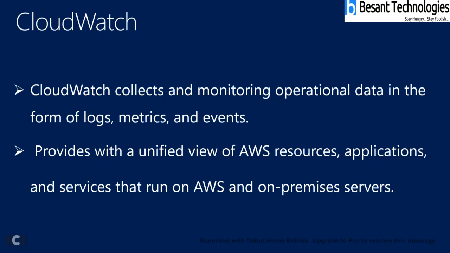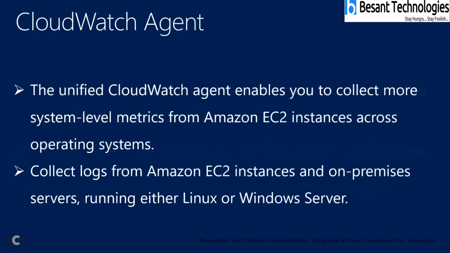We'll see what the CloudWatch agent is. The unified CloudWatch agent enables you to collect more system-level metrics from Amazon EC2 instances across operating systems, and collect logs from Amazon EC2 instances and on-premises servers running either Linux or Windows server.